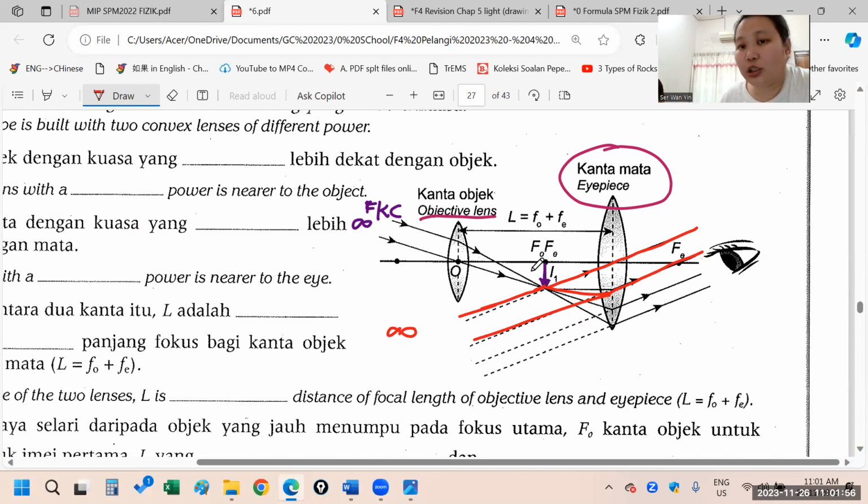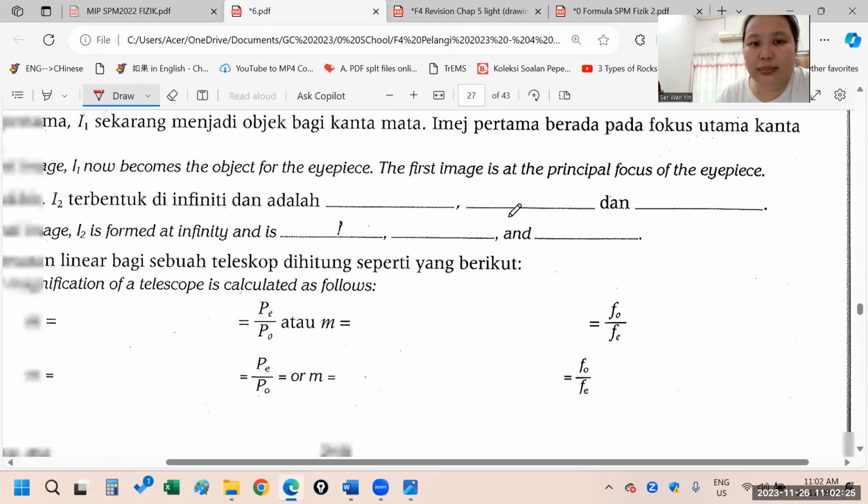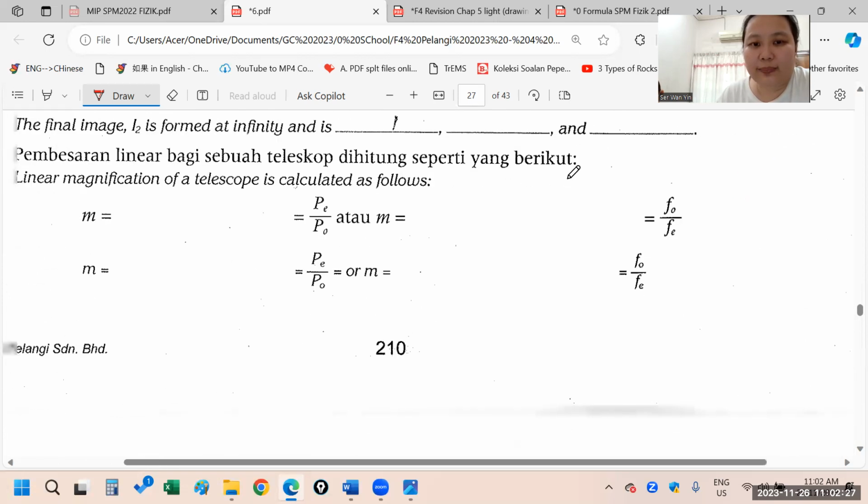Okay, so magnification twice. Okay, this is a telescope. The telescope will collect light from far away. So we use FKC, and we magnify the first image. Okay, so L is equal to FO plus FE. Okay, seems like you understand.